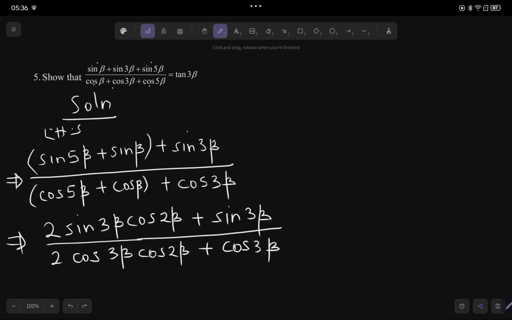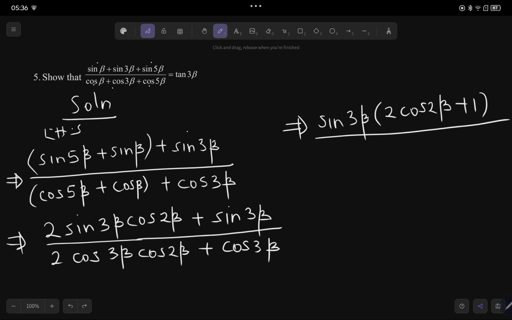cos of 3 beta. When you look at our numerator, sin 3 beta is common. So we factorize it. And we remain with 2 cos 2 beta plus 1. Then denominator, cos 3 beta is common.